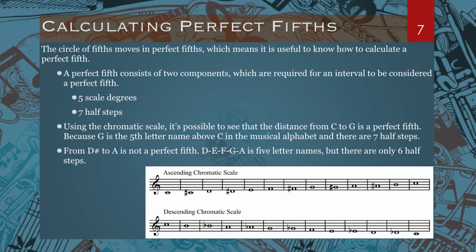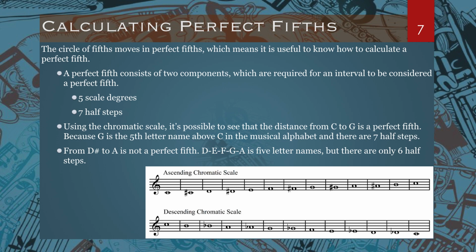So F to E is 1, E to E flat is 2, E flat to D is 3, D to D flat is 4, D flat to C is 5, C to B is 6, so we have to go one more half step. B to B flat is 7. So a perfect fifth below F is B flat. So if you said B flat, you got it right.